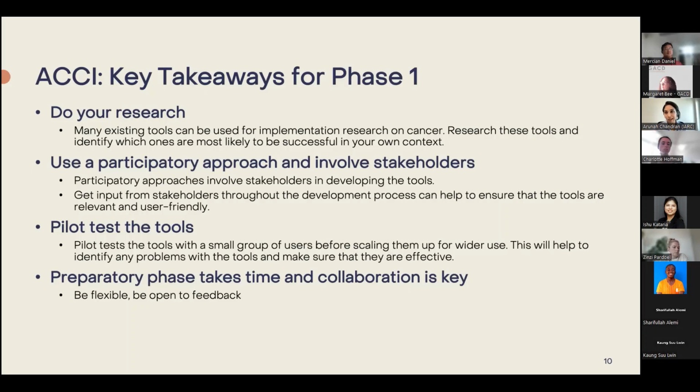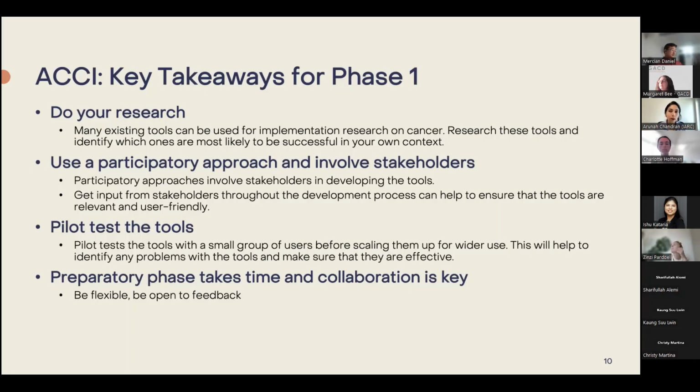For our project, even regulatory approvals at the local sites took time, and the tool development, because we used a participatory approach and did not take a validated tool that was already there, took time.